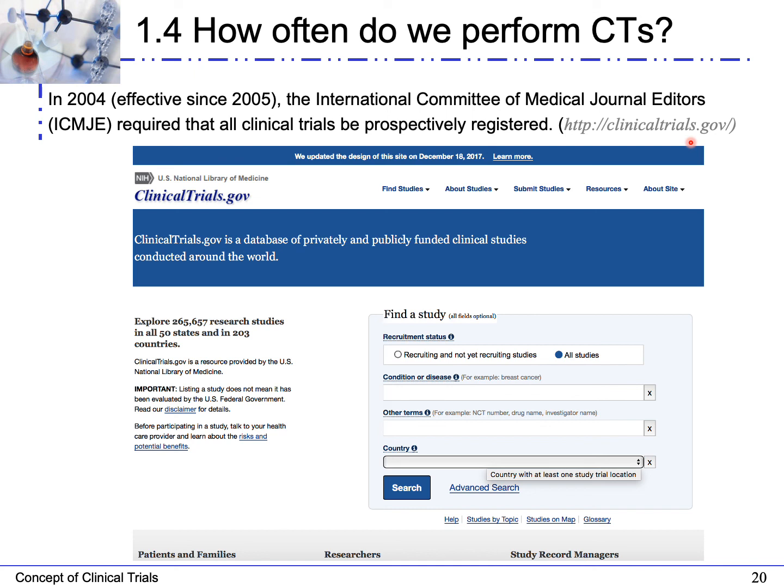And in 2004, effective in 2005, the International Committee of Medical Journal Editors required that all clinical trials be prospectively registered into this website, clinicaltrials.gov, and that at the end of the trial, some key results be disclosed.